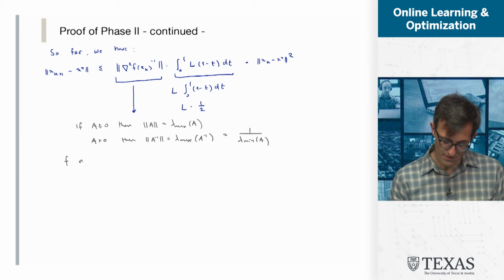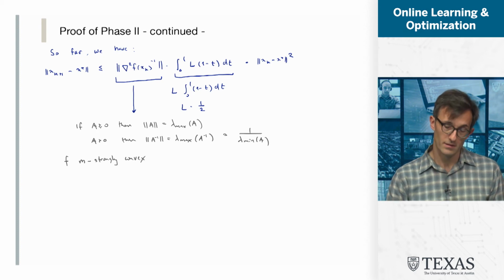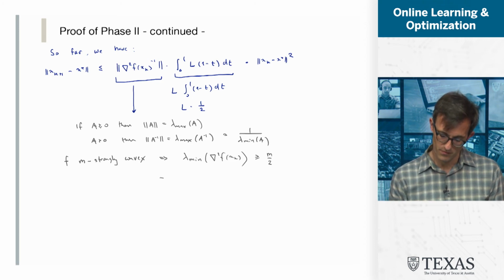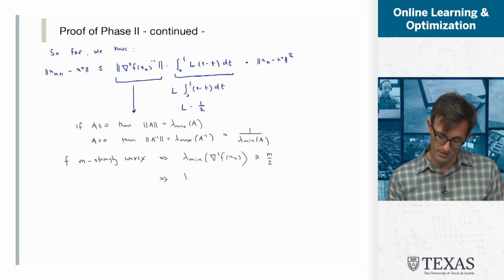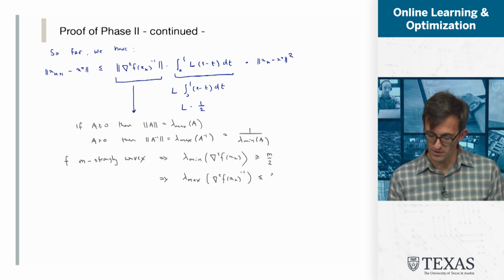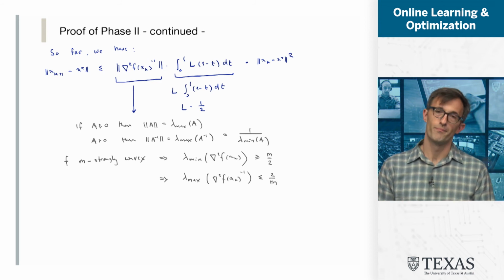So f, little m strongly convex, tells us that lambda min of the Hessian is always greater than m over 2, which then therefore means that lambda max of the inverse of the Hessian is upper bounded by 1 over m over 2, or just 2 divided by m.